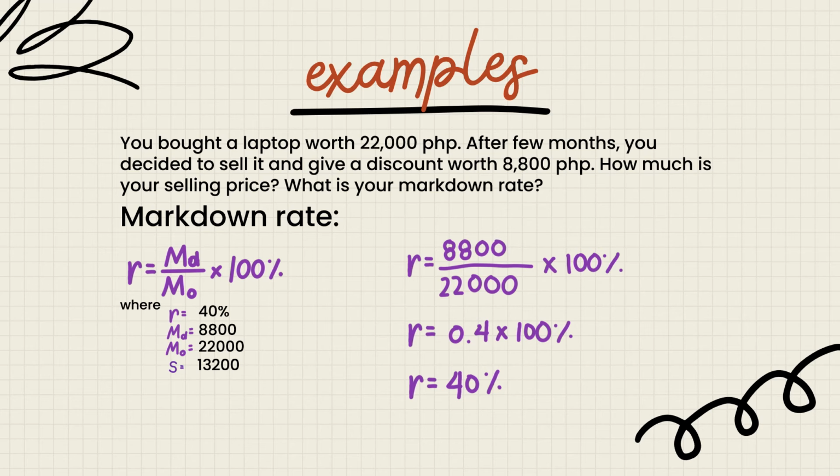So, ibig sabihin, yung presyo daw ng laptop bumaba ng 40%. So, malaking bagay na siya kasi almost half na. So, for example, you would go to a mall and you would buy something, you should think of how much is the markup or the markdown and what is the rate or what is the percentage.